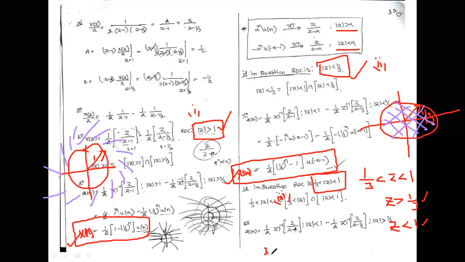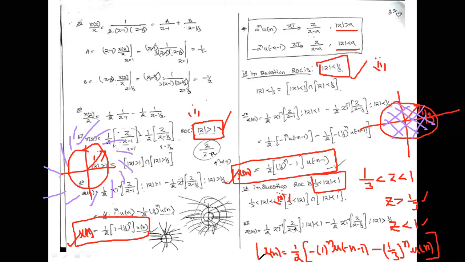So the x of n is equal to 1 by 2, and the inverse z transformation of z by z minus 1 is minus of 1 power n mu of minus n minus 1, because it is a less than. Minus is already there, and here the 1 by 2, take the common, z by z minus 1 by 3, because it is a greater than, you can write as power n mu of n. The two functions.